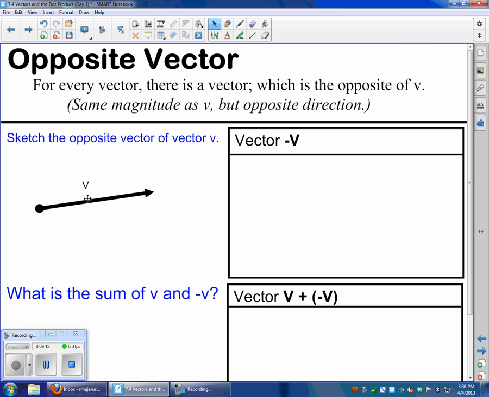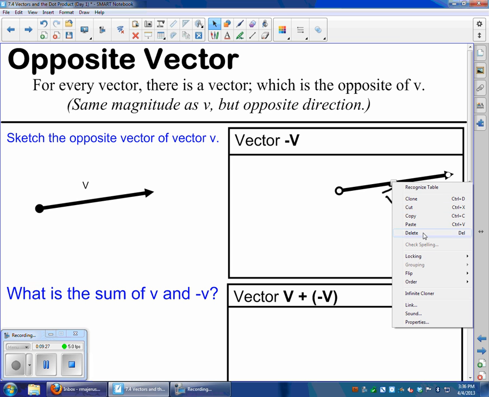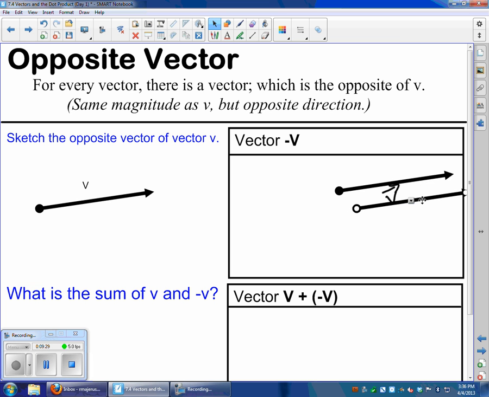So if here's vector V, we could easily figure out what the opposite of vector V is by just taking that vector, and again, it needs to be pointed in the exact opposite direction. So I'm going to clone that and flip it so it's in the opposite direction.